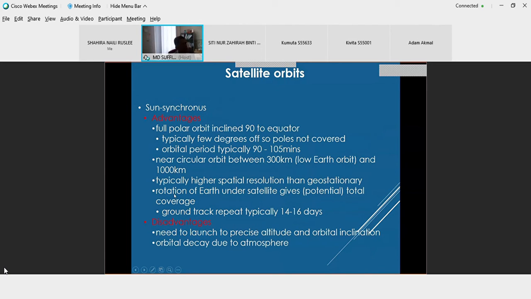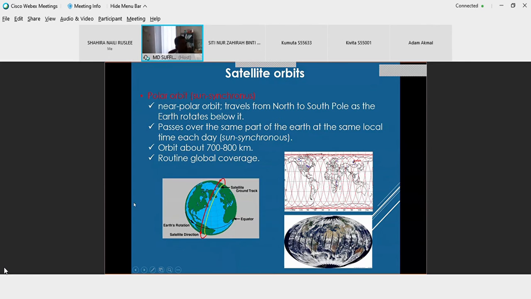Sun synchronous. Advantage: full polar orbit, inclined 90 degree to equator. And typically few degrees of pole not covered. Kalau kita tengok kat sini, sebab apa dia senget macam ni? Dia near polar.